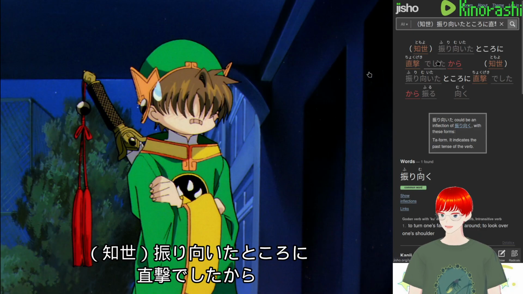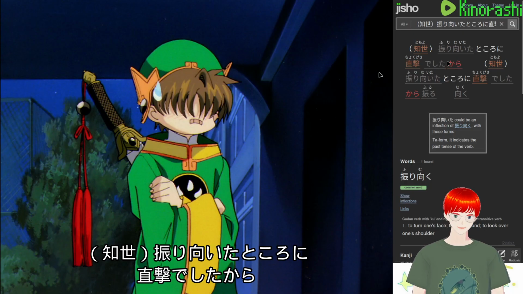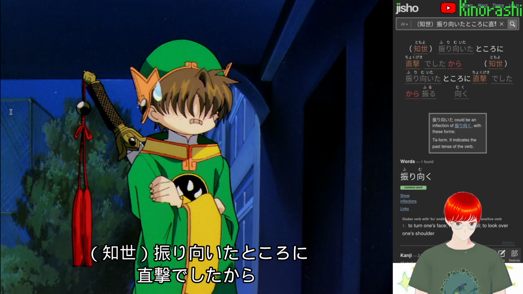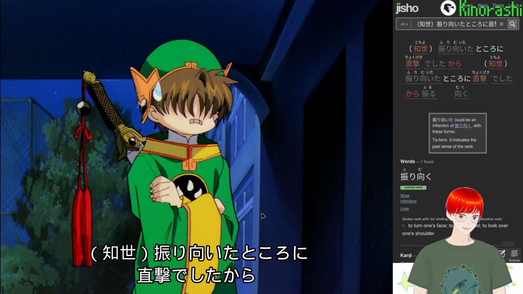So from the fact, since there was a direct attack at the place of turning around, okay, the translator says it hit right as I turned around. Or in this case, it hit right as he turned around.